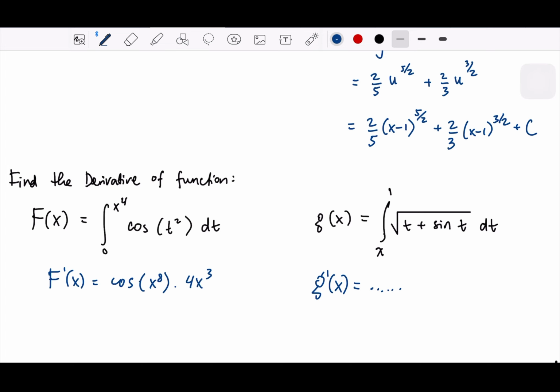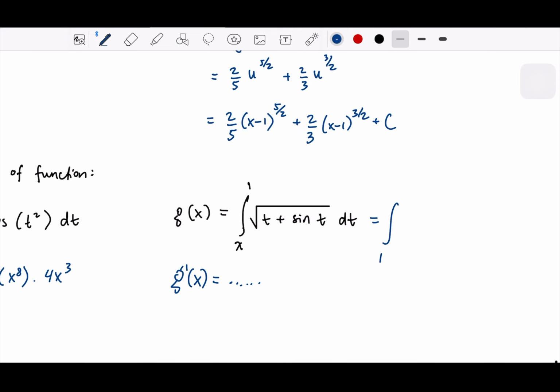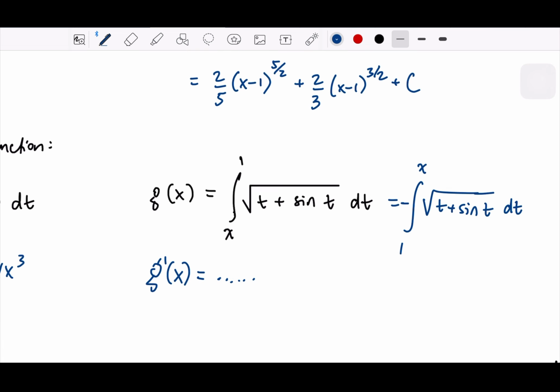That's the first thing. So 1 to x, and then this will be minus. Okay, and then do the same thing. We take the derivative, so it means that we are going to take negative square root of x plus sine x. I think we can stop there because it's just x, so we can stop here.